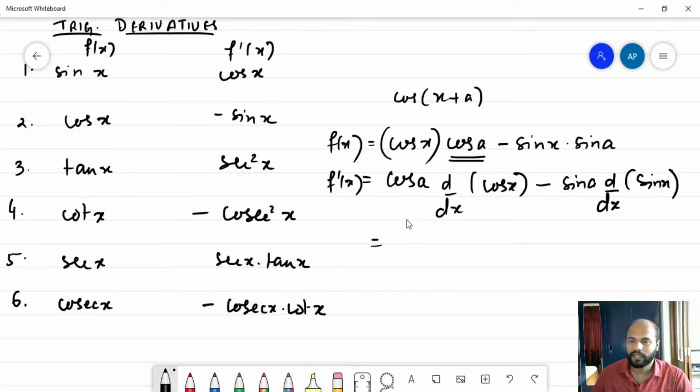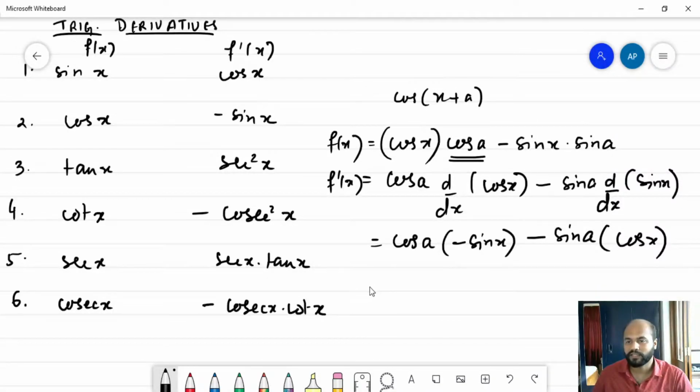Now d by dx of cos x is minus sin x, and this is going to be minus sin a. The derivative of sin x is cos x. So this is the final answer to this question. That is, minus of cos a sin x plus sin a cos x, which is nothing but minus sin of x plus a.